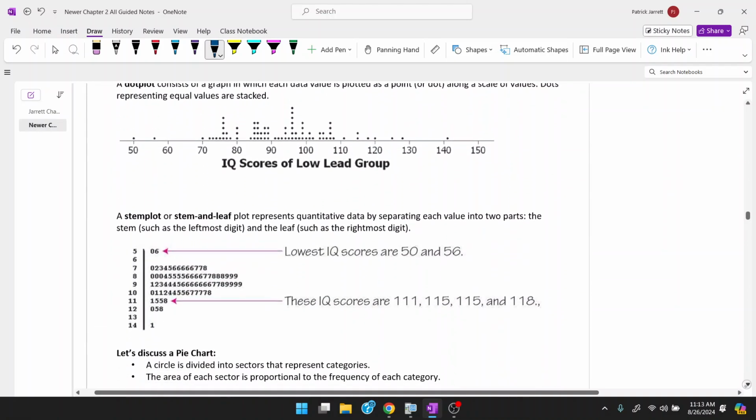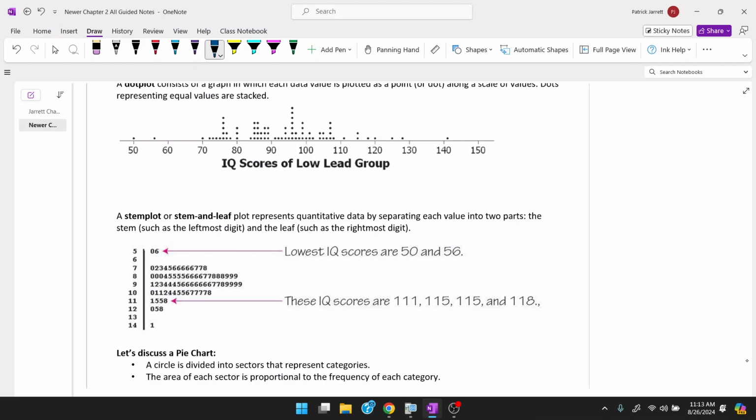And here are just another couple of examples of dot plots and stem and leaf plots. Now, I might give you a stem and leaf plot, and that's where the data will be. I'll give you the key here. You can enter the individual values if you want on a calculator.